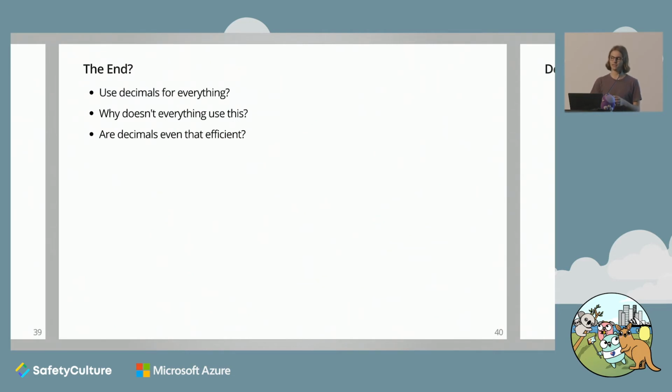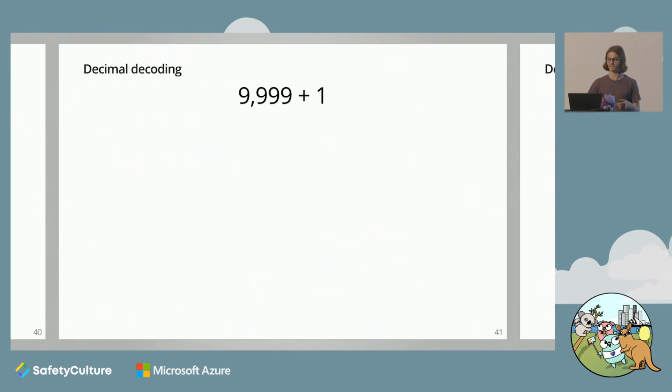To explain this in a little more detail, I want to go through some specifics in decimal arithmetic. For that, I want to list this example: we have 9,999, and we add 1 to it. And what do we get? 10,000, of course.